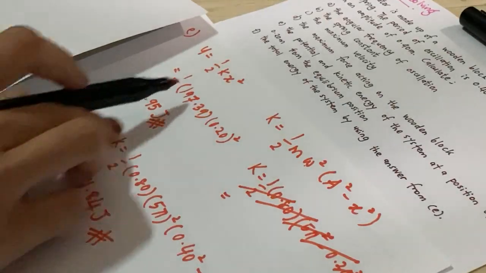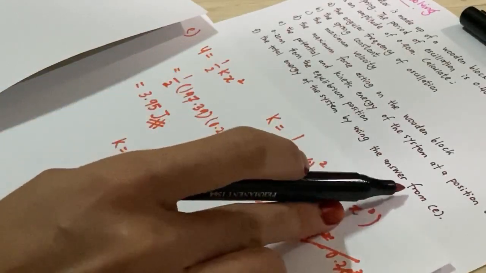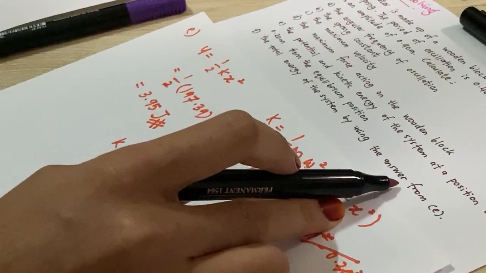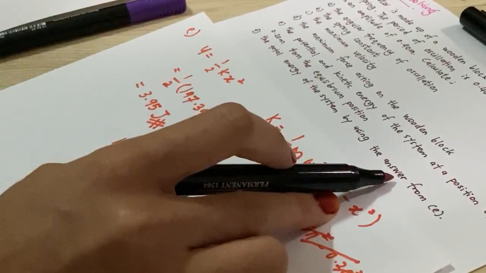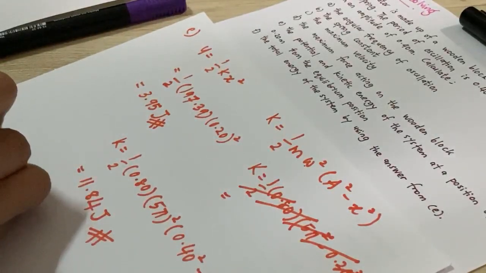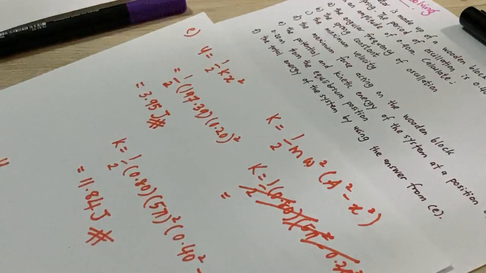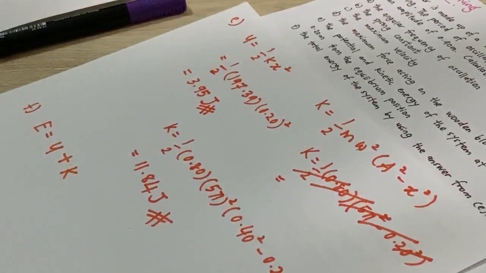The last question asks to find the total energy of the system by using the answer from part E. For simple harmonic motion of a spring, the total energy must include the potential energy plus kinetic energy.